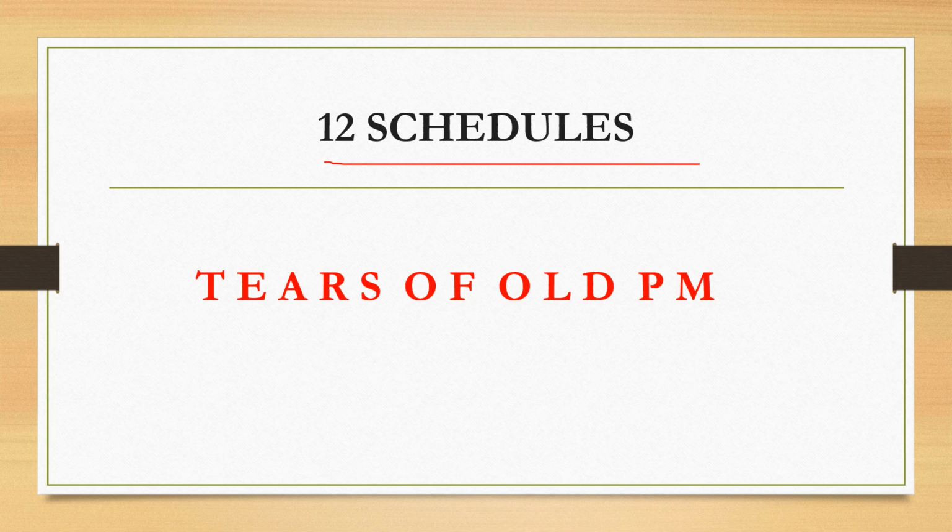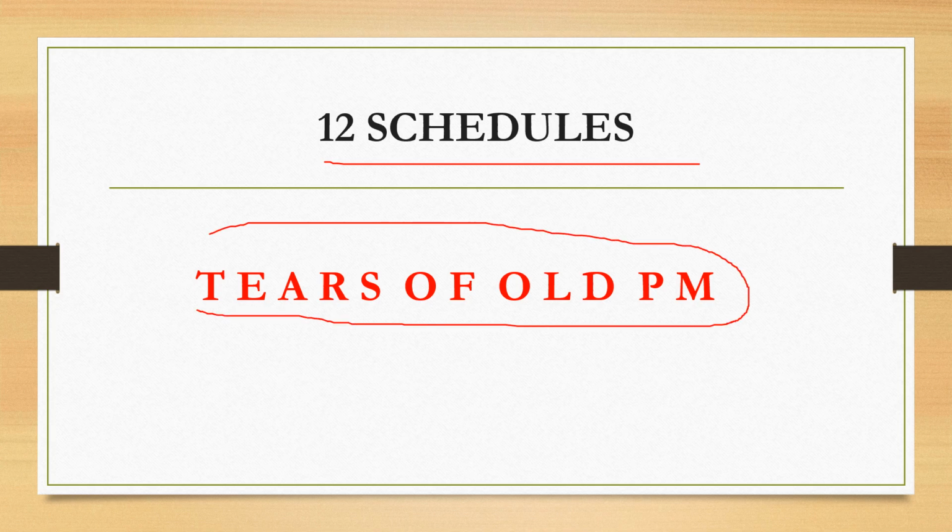We can see that there are 12 letters written here and it is read as Tears of the Old PM. 1, 2, 3, 4, 5, 6, 7, 8, 9, 10, 11, 12, and these 12 letters represent the 12 schedules of the Constitution.